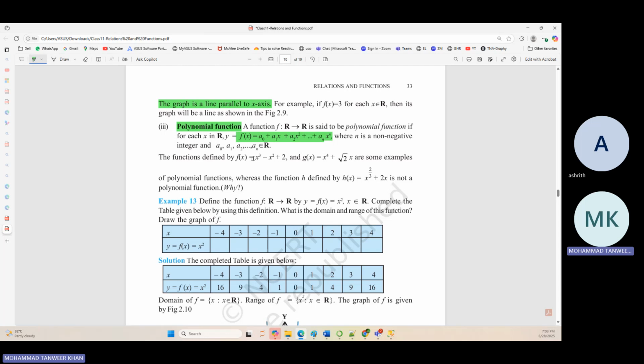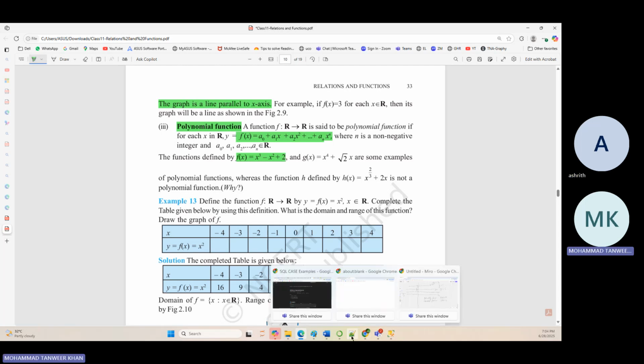Maybe the power will be 3, 2, 4, 1, anything. And it can also have some constant as well. In this function, you have x power 3, x power 2, and a constant 2 as well. So a polynomial function can have x with different powers and a constant as well. Is that clear? Yes, sir.